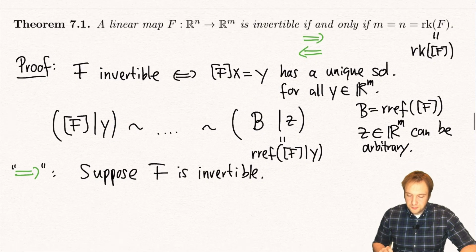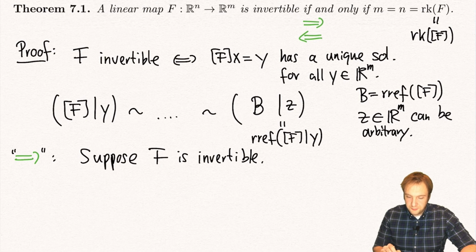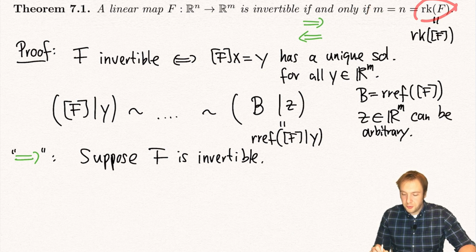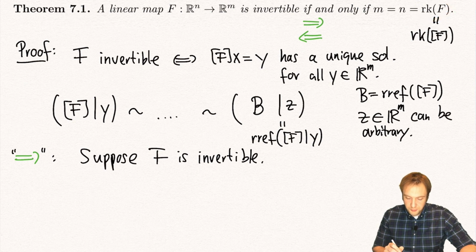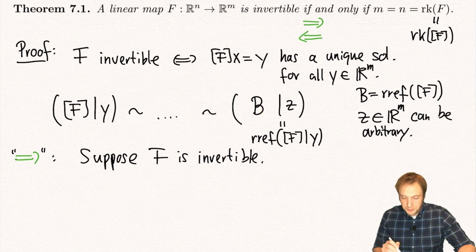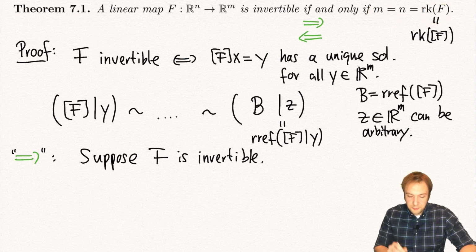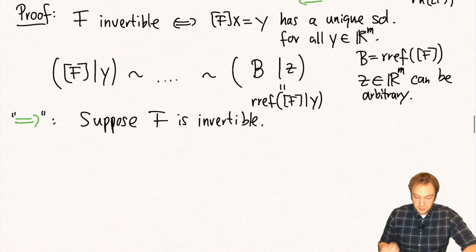First notice the rank of f cannot be larger than m, because the rank of f is the number of possible pivot elements in this matrix, and of course the number of ones here cannot be larger than the number of rows. So this rank of f is smaller or equal to this m, but we want to show that they're equal. So now let's assume that it's actually smaller.